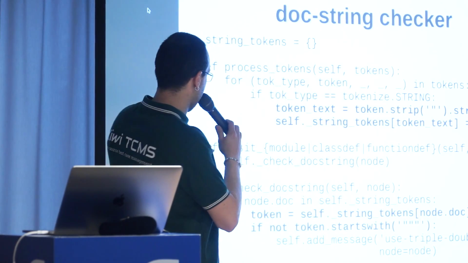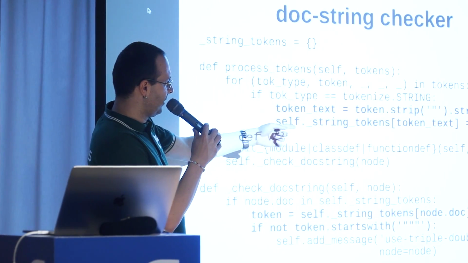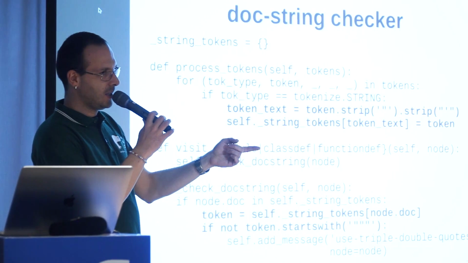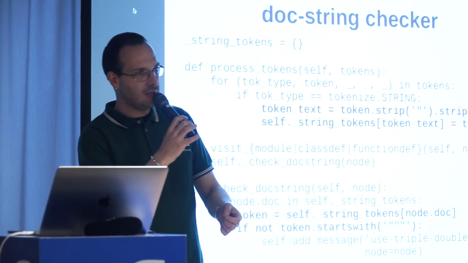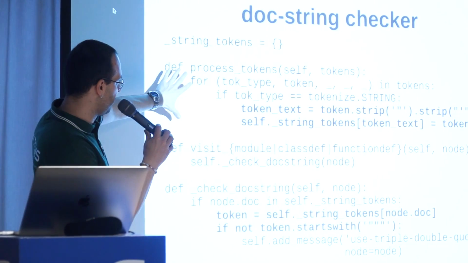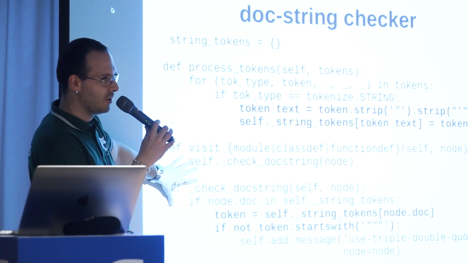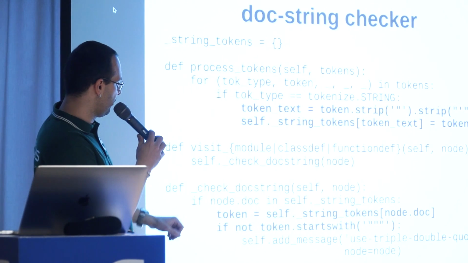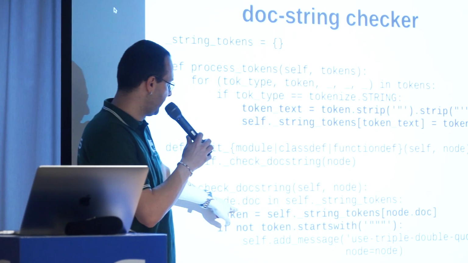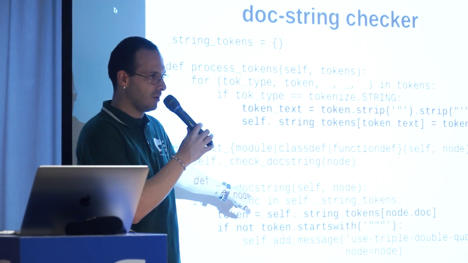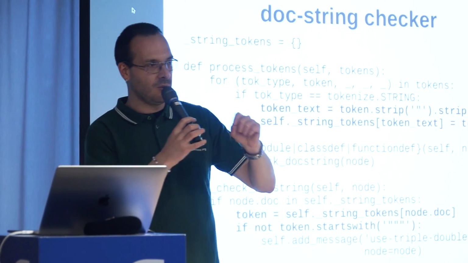Then we have visit module, visit class def, visit function def, which are exactly the same, and they call this helper method. And very conveniently for us, so now this is token-based interface, this is astroid-based interface. Very conveniently for us, all of these nodes, they have the documentation attribute, so .doc, which is already stripped from the quotes.